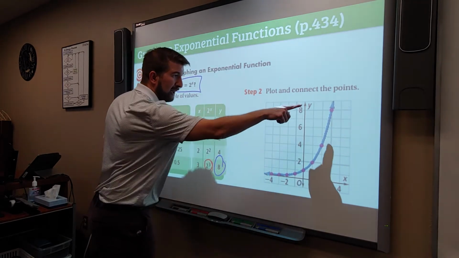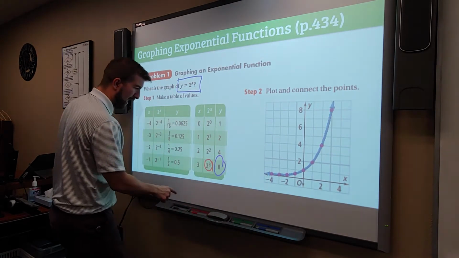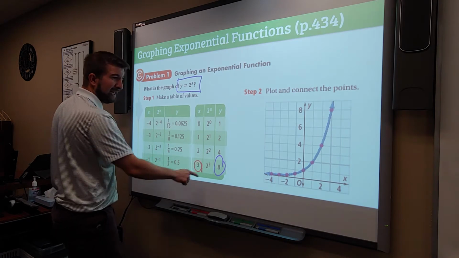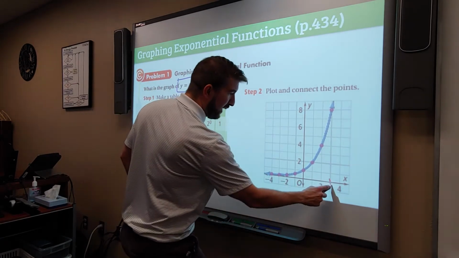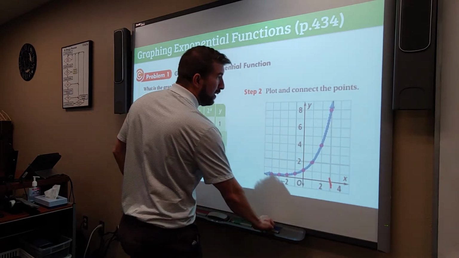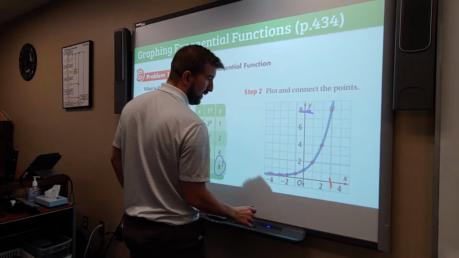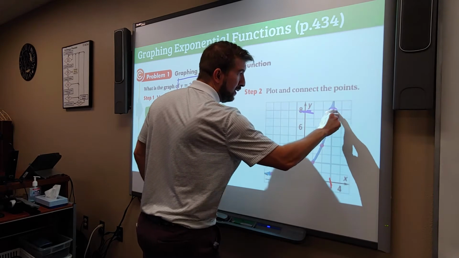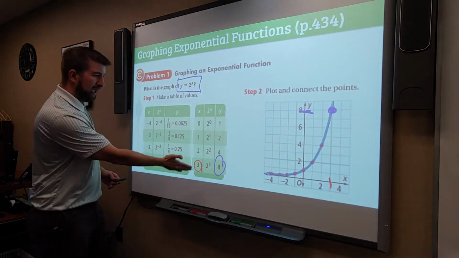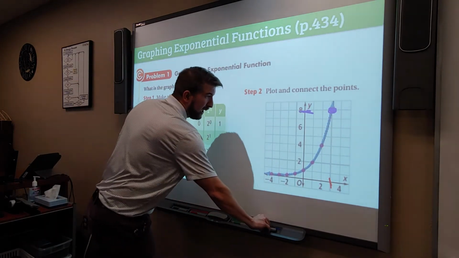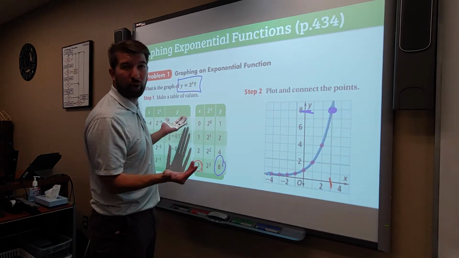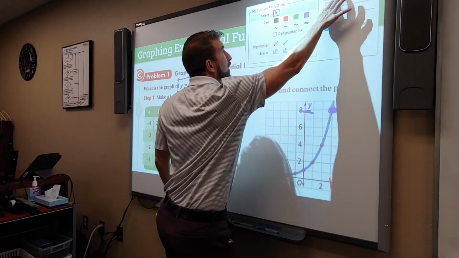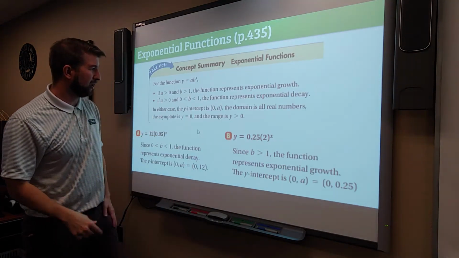So this last point that we looked at, 3, 8, is plotted right here. This is the 3. This is the 8. And where they meet is right there. So they just plotted these, and then we can look and say, oh yeah, as the x increases, so does the y. This is exponential growth. That's one way to identify exponential growth and decay.